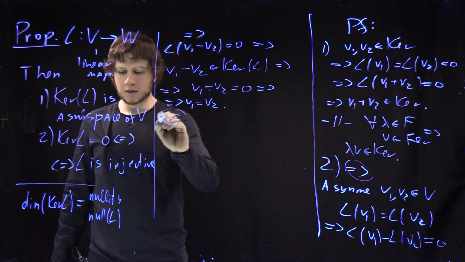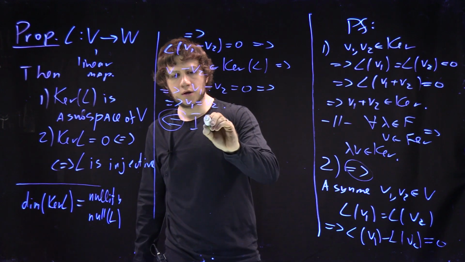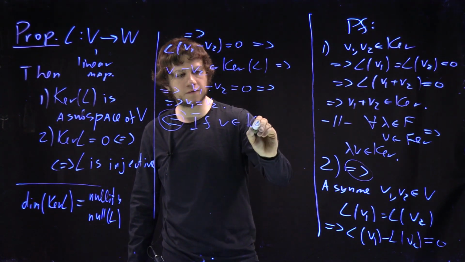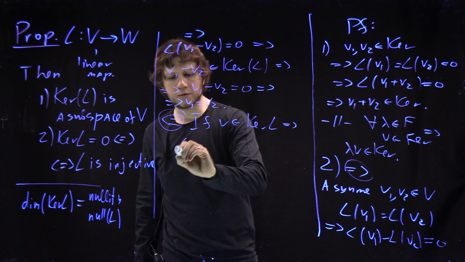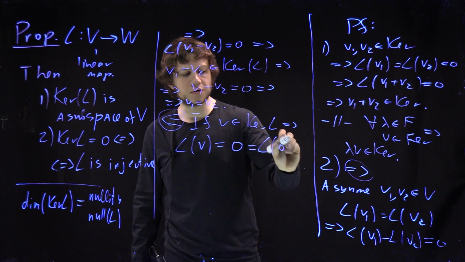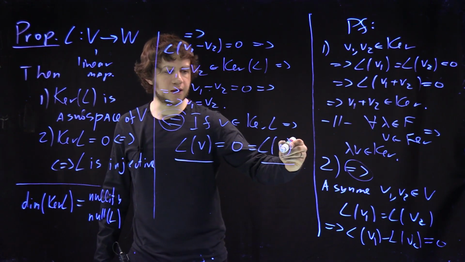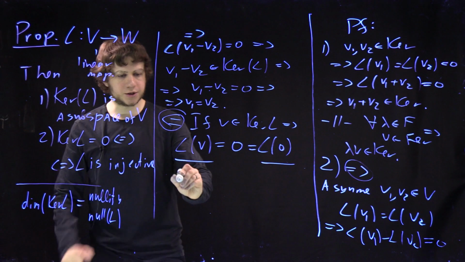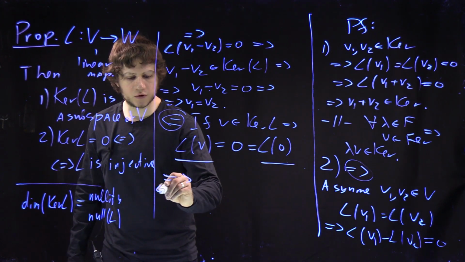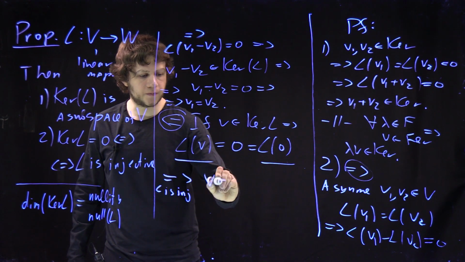Second part, let's assume it's injective. So if V is inside the kernel of L, then L of V equals 0. But this is the same as L of 0, because L is a linear map. So we found two vectors with the same image, 0 and V. And since L is injective, this implies that V equals 0.